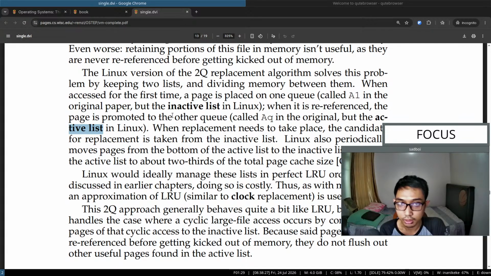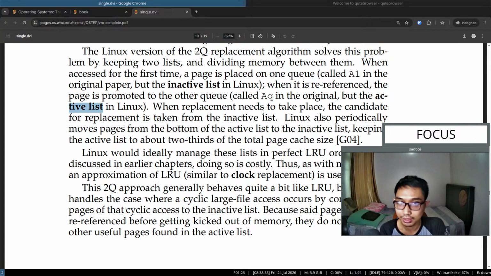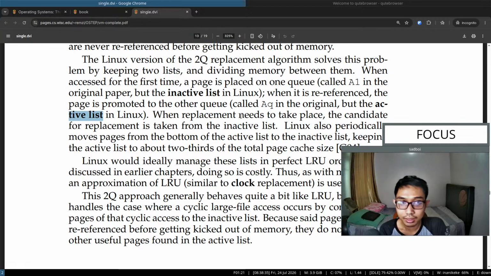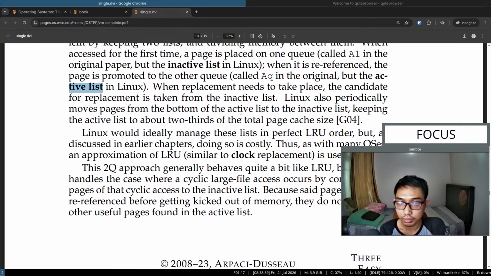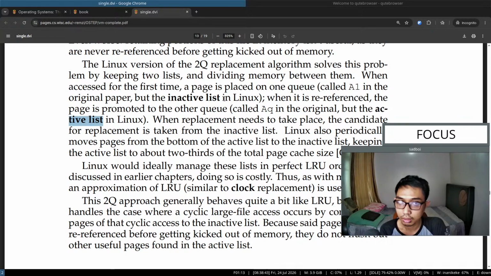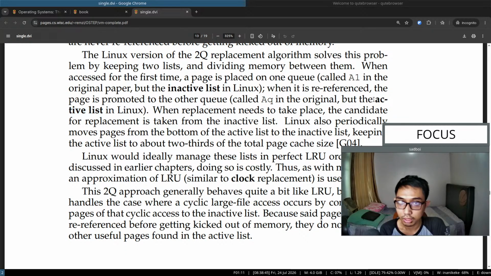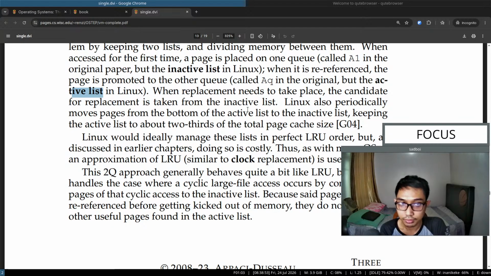The main list? Yeah, I'm still not sure. Probably the active list is kind of the main list, maybe.